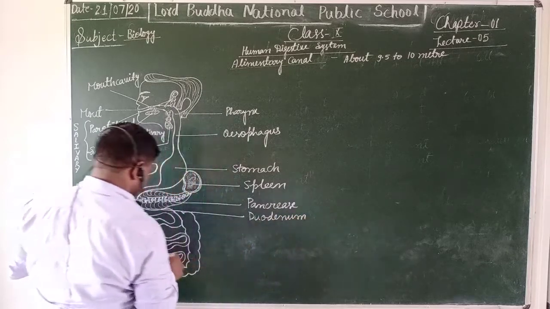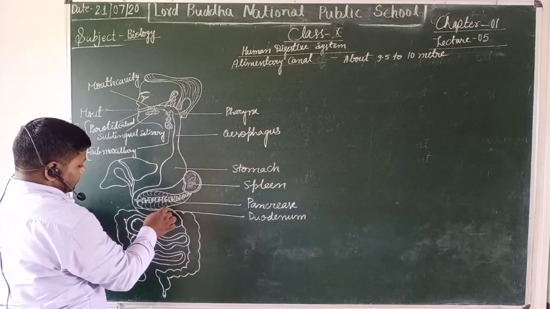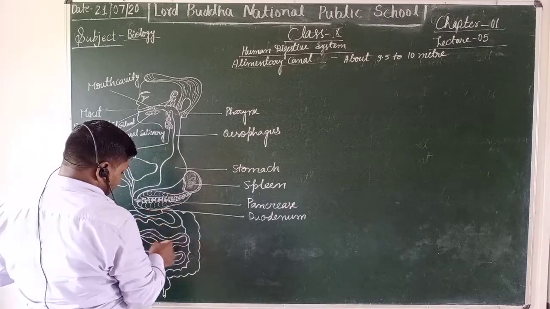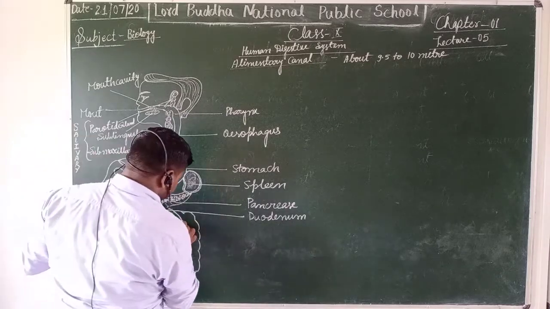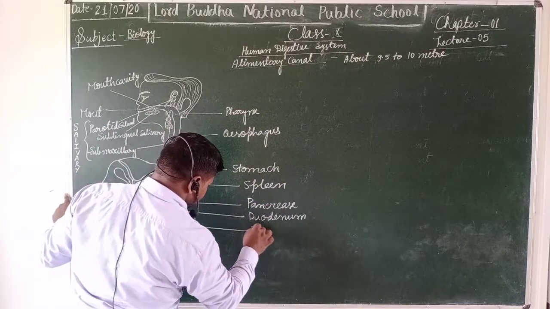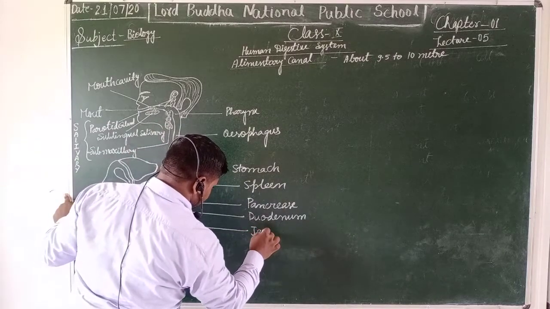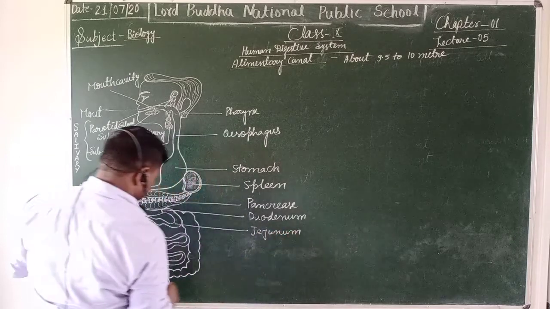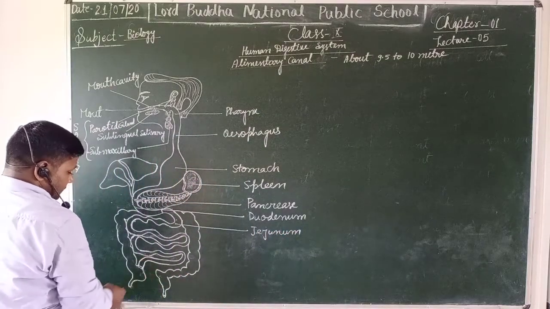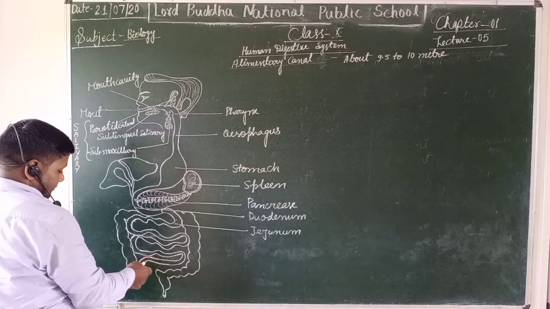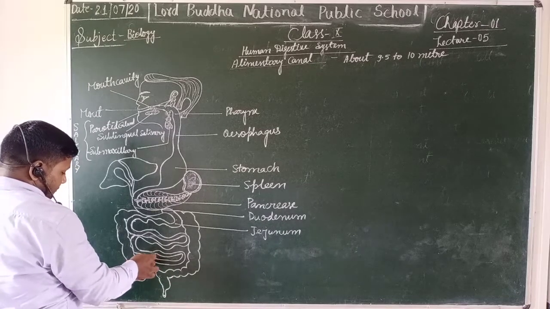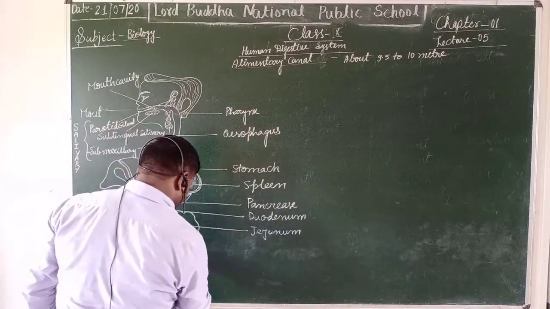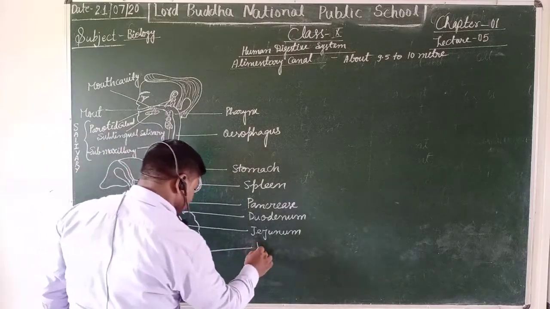Duodenum. After the duodenum ends here, the second part of the small intestine will start, that is the jejunum, and the jejunum ends with the ileum, the other part of the small intestine.